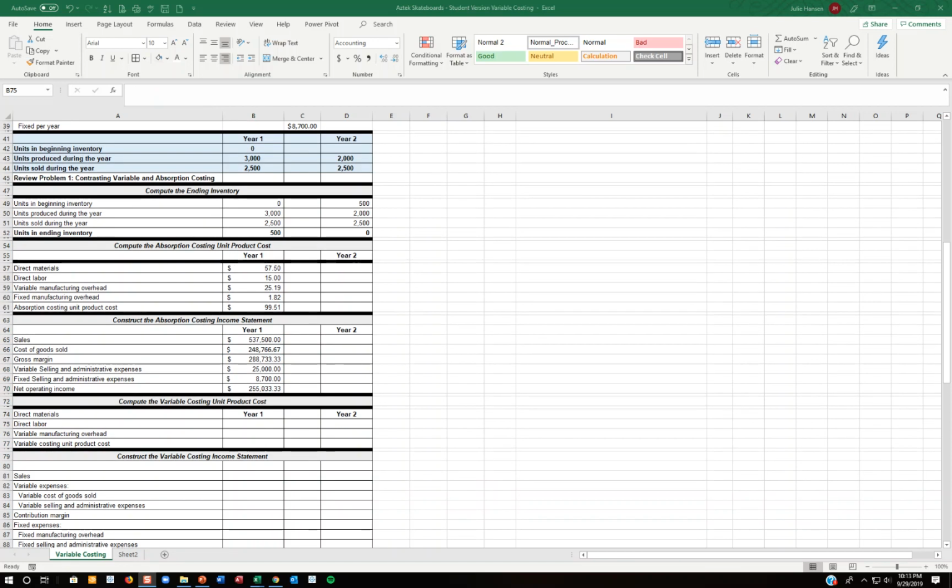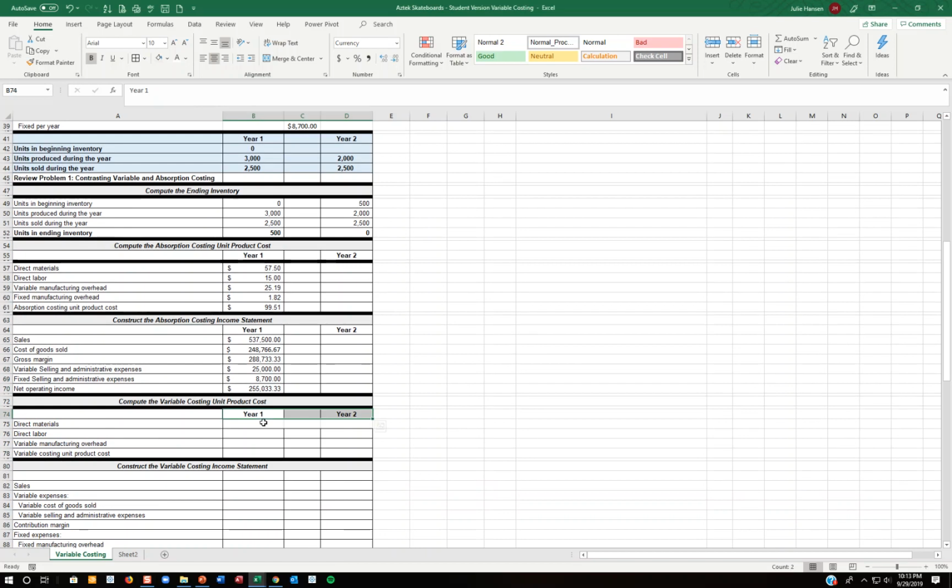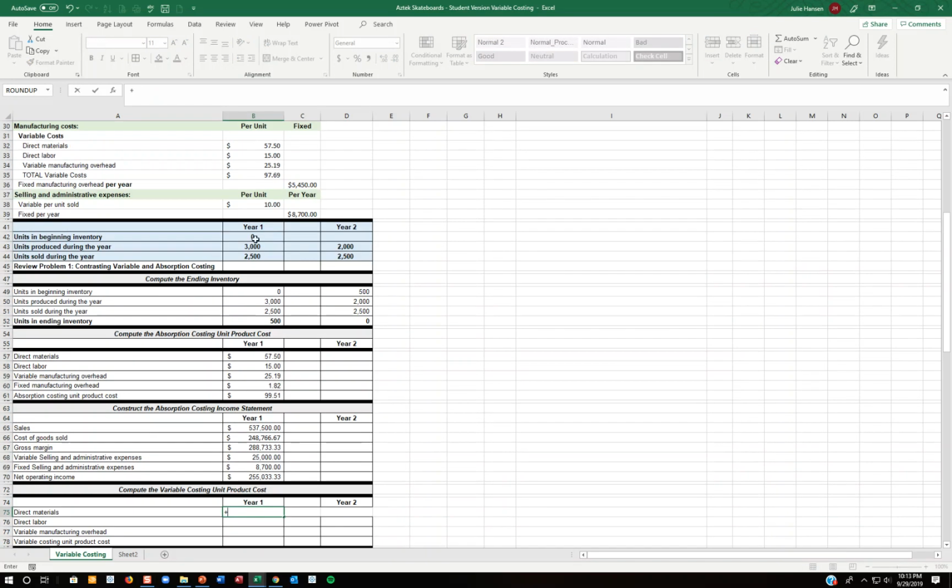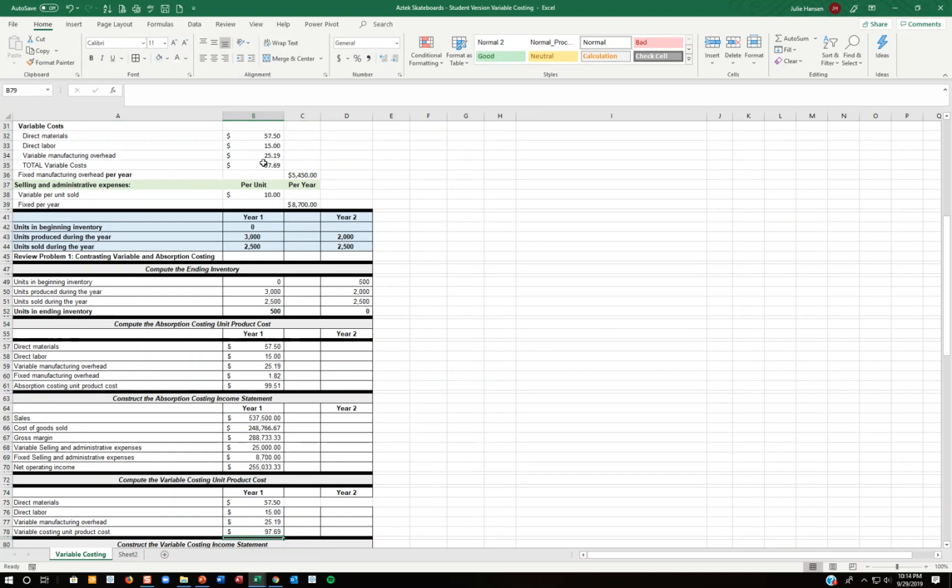So for year 2, the direct materials have not changed, so we're still going to use that $57.50. Our direct labor again is still the same, and our predetermined overhead rate is what we're going to use here. So my variable, you'll notice, this is what we've been talking about all along, so this should look very familiar, because the difference is that fixed manufacturing overhead is something new that we're introducing in this particular chapter.